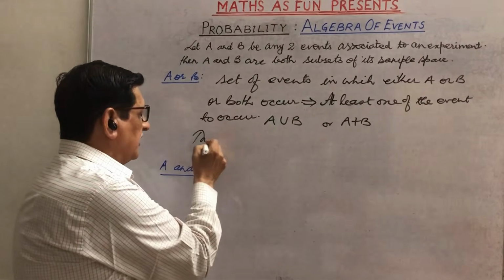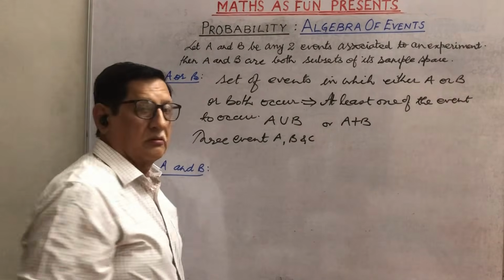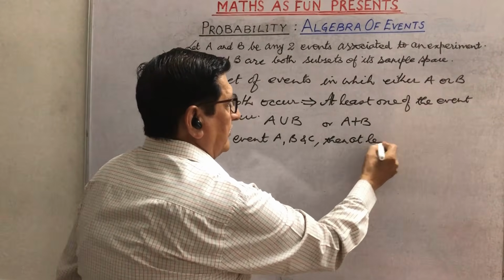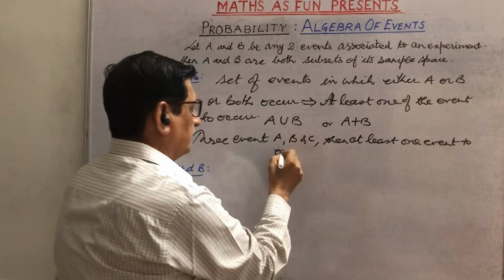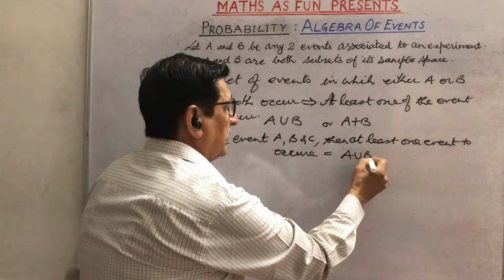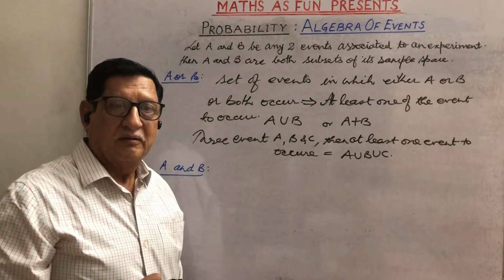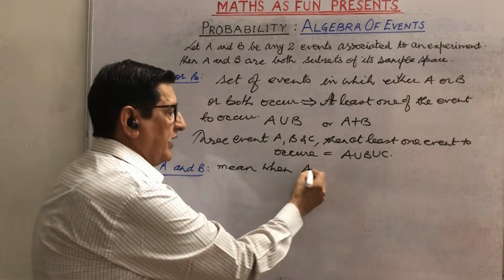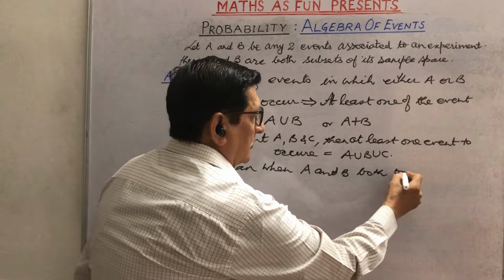In case we have three events, A, B and C, then at least one event occurring will be represented by A union B union C. Now A and B. A and B means when A and B both occur together.